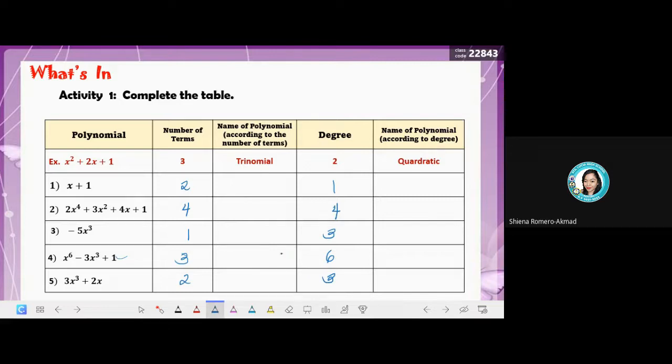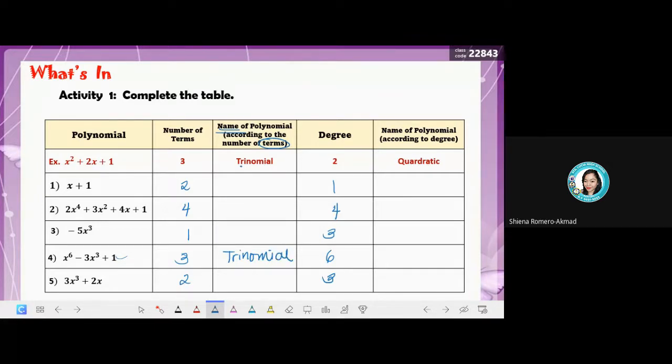So now let us identify the name of the polynomial according to the number of terms. So dito sa example, yung 3 is trinomial. Meron tayong ditong 3, ibig sabihin, trinomial yan. How about yung 2?